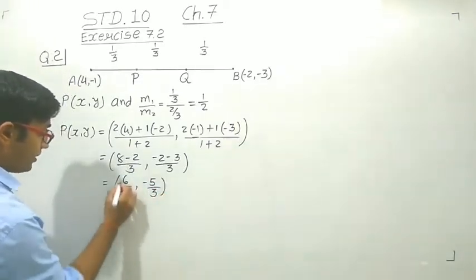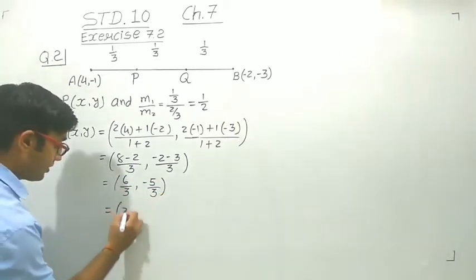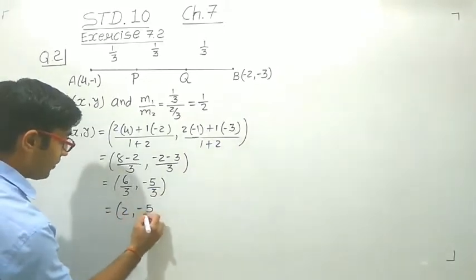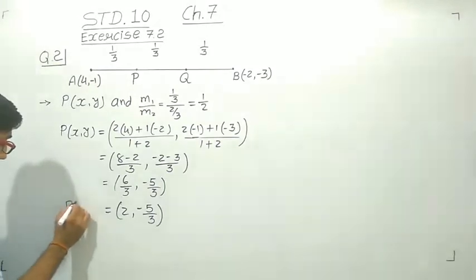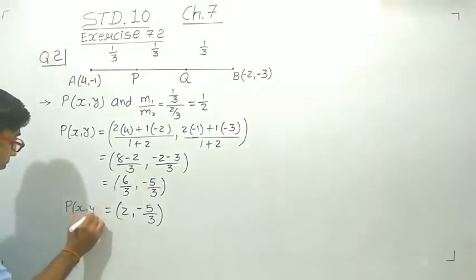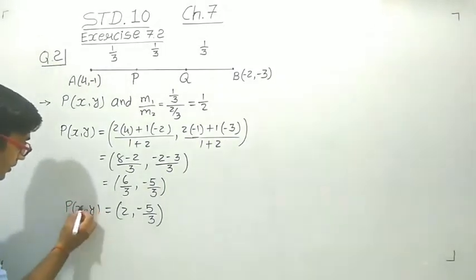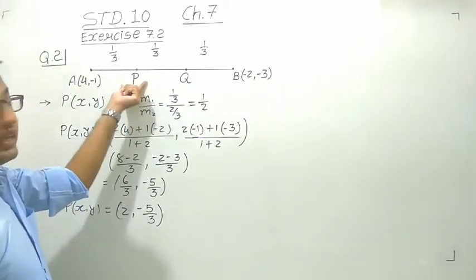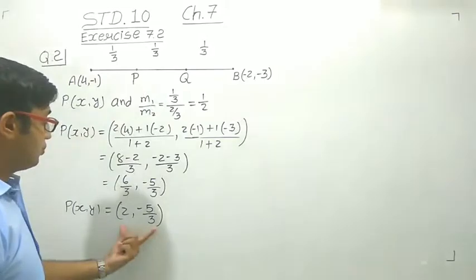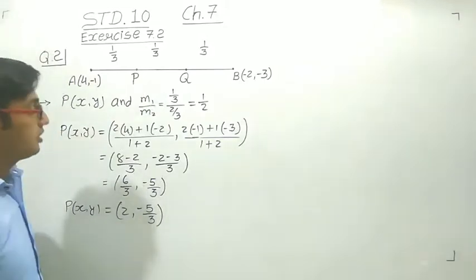So here we can cut this 3 and 6. So 3 twos are 6, and here we get -5 upon 3. So this is the coordinates of the point P of x, y. So out of the 2 points, we get the coordinates of point P. And what is that? That is 2, -5 upon 3.